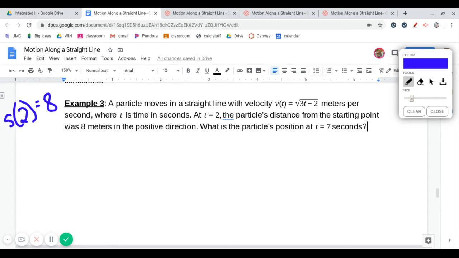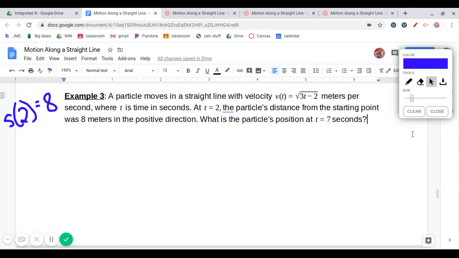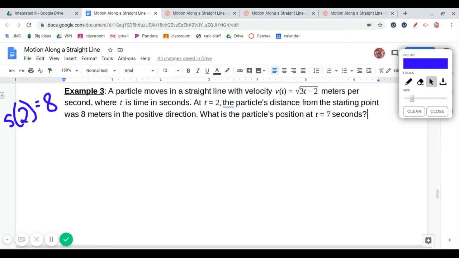So, the particle's velocity is v of t equals 3t, root of 3t minus 2.